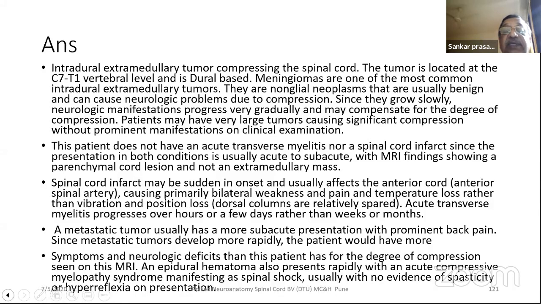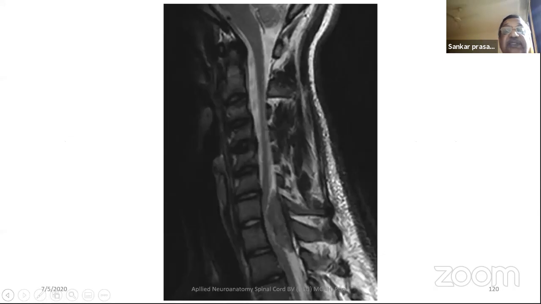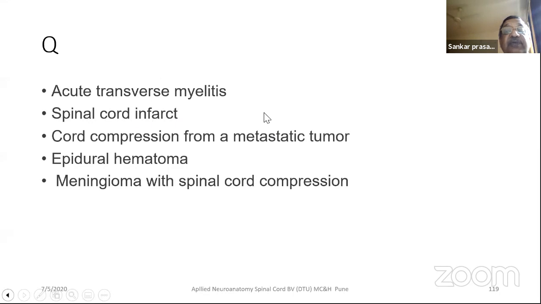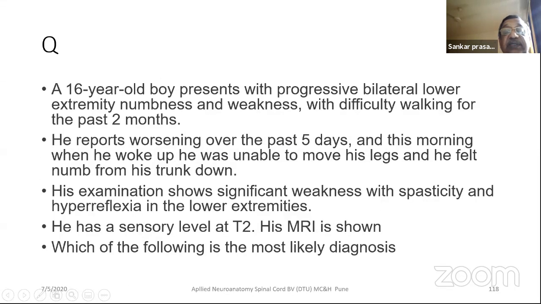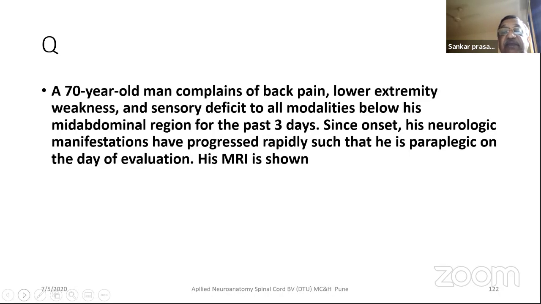There is a history of 2 months before this. 2 months history. So this is an intradural extramedullary compression, and that has worsened all of a sudden. A 70-year-old man complains of back pain, lower extremity weakness, sensory deficit to all modalities below the mid-abdominal region for the past 3 days.